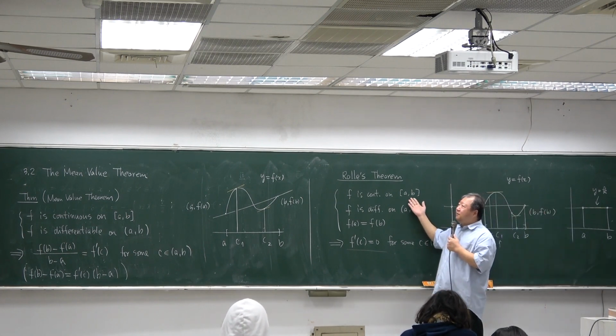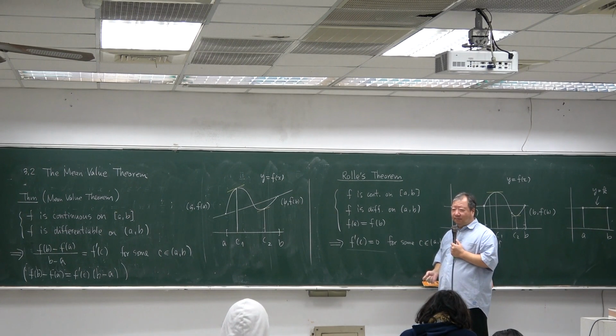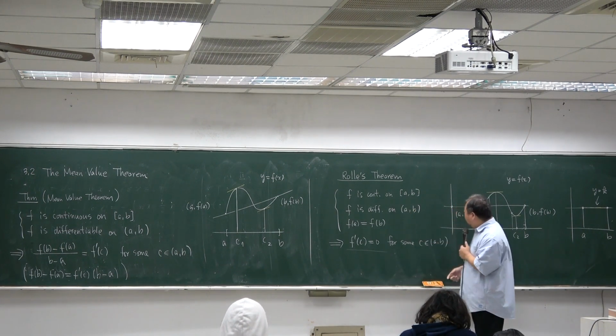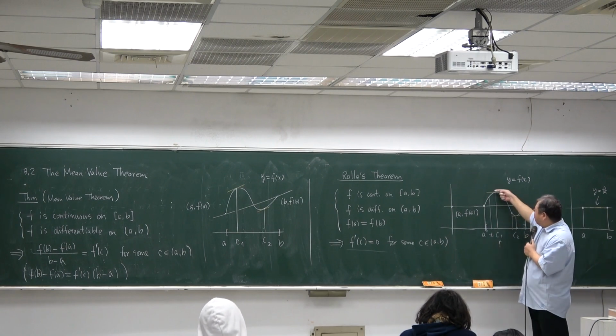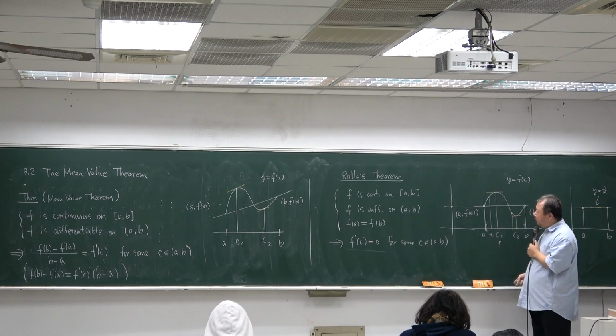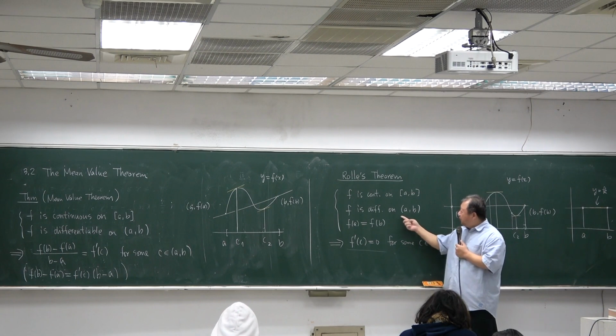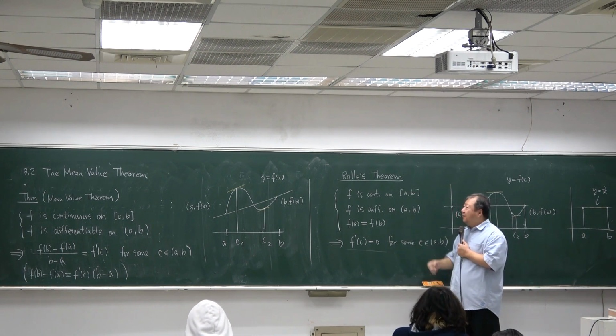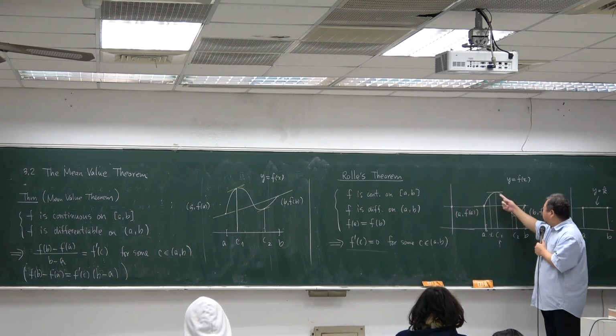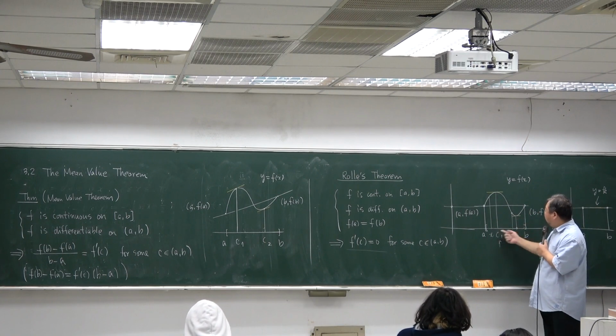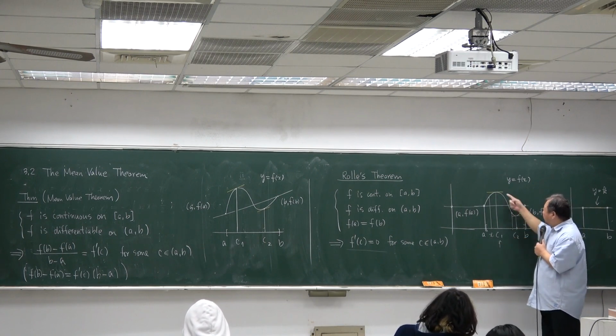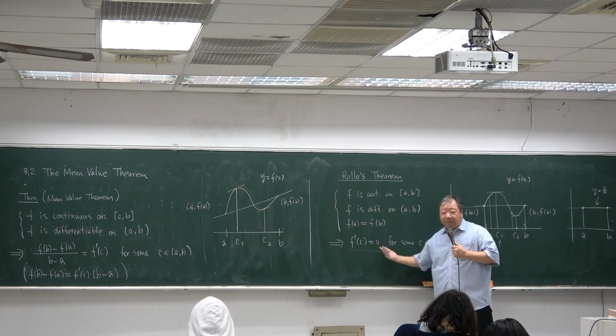From this condition, use the extreme value theorem. f must have a maximum and a minimum. Okay. From this theorem, from this condition, if f has a maximum or minimum interior to this interval, then f prime of c equals 0 only.